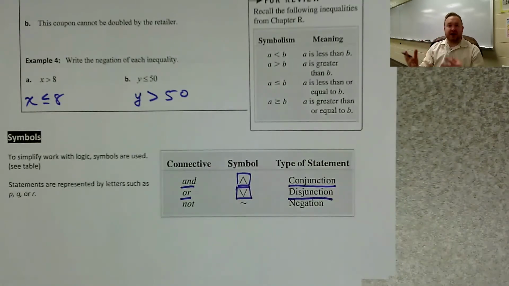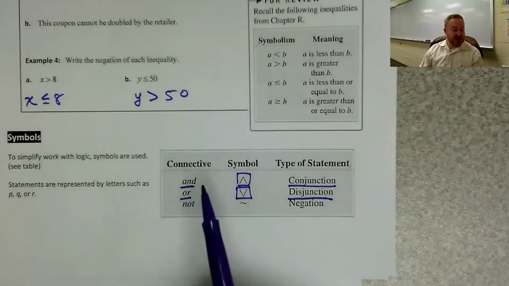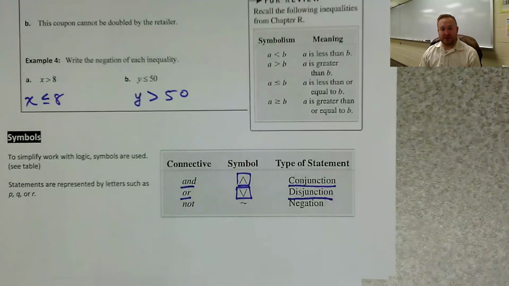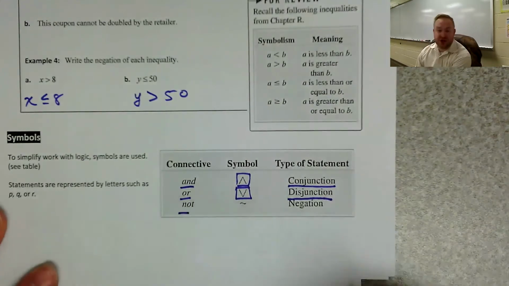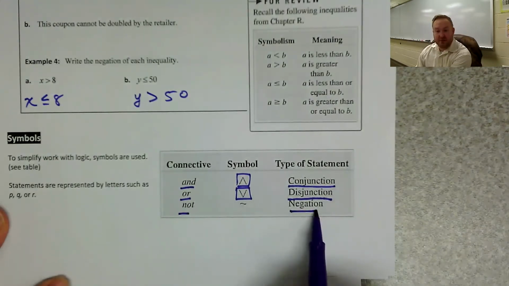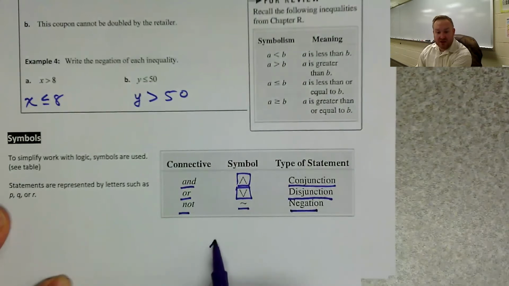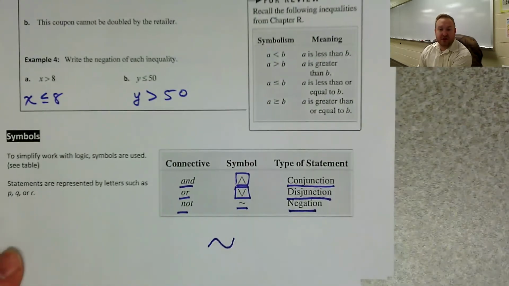And it's a little bit tricky to keep these symbols straight, so you might have to do a little bit of work there, working on remembering which symbol means and which symbol means or. Now, if you want to change the meaning of a statement, if you want to do the negation of a statement, we have a symbol for negation as well, which is just this little curly symbol like that.